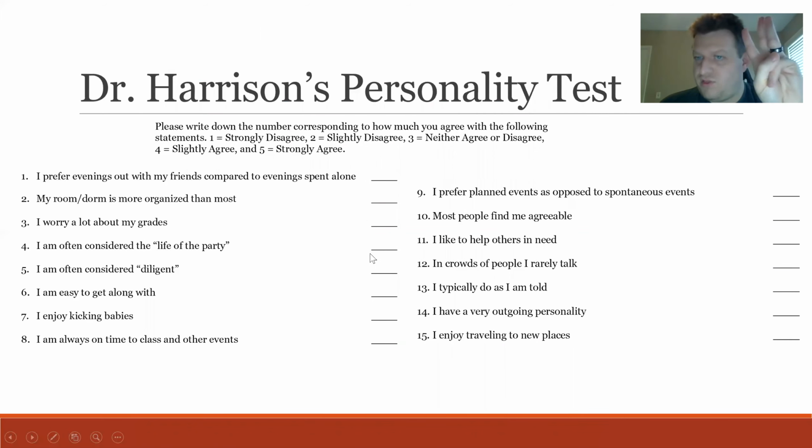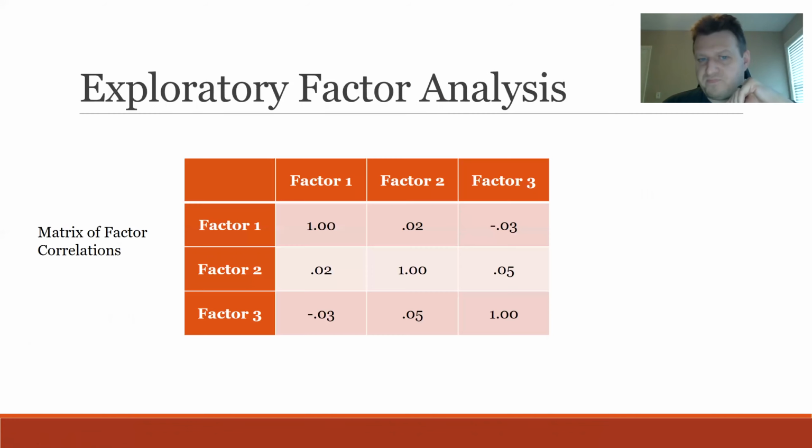All right. So we find 3 factors. We see which test questions measure those factors and which test questions do the best job of measuring those factors or personality traits. The last matrix we get is our matrix of factor correlations. And we can see that the correlation between extroversion and conscientiousness is relatively low here. The correlation between extroversion and agreeableness, also very low.